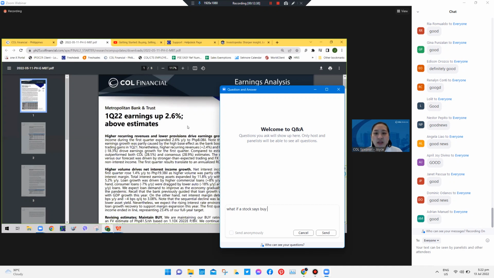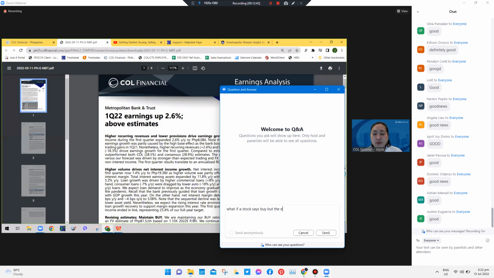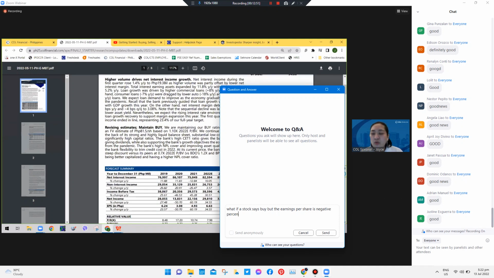So as you can see here, what our research does is that on the first page is already the summary of the whole report. So if you're quite busy, just take a look at the first page of the report to see what is the news about Metrobank and whether it's good or not. Here, on the last paragraph, it says that we are maintaining our buy rating for Metrobank.